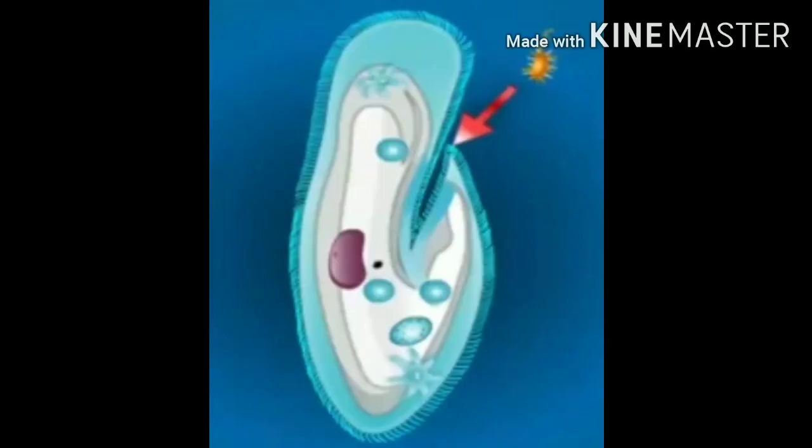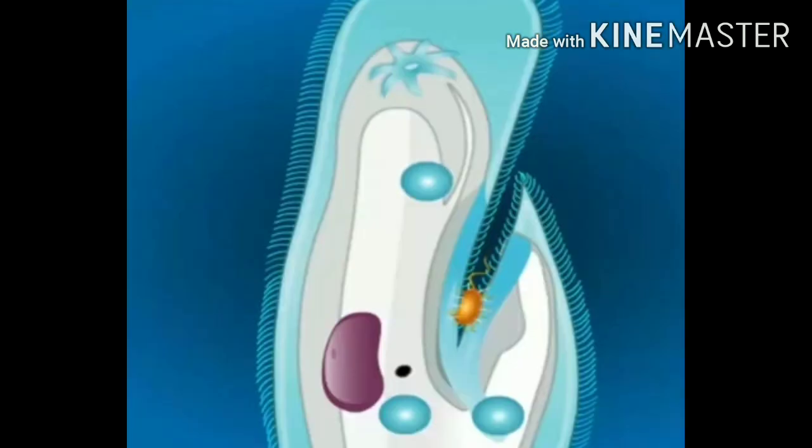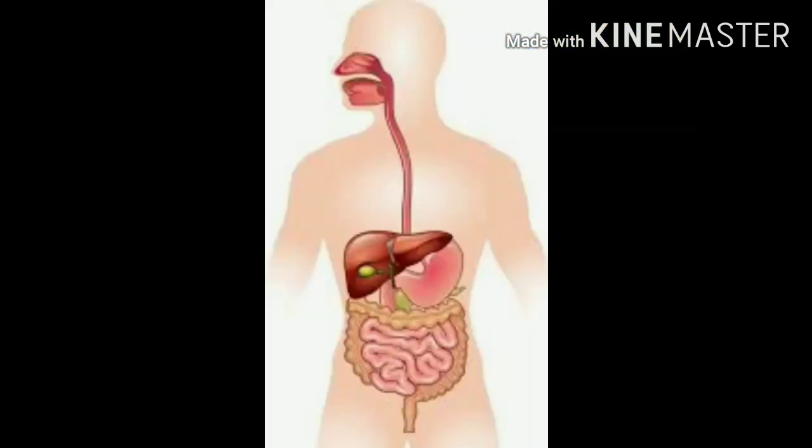In paramecium, a unicellular organism with a specific shape, food is ingested through a small special opening, that is, the cell mouth or cytostome. Food is brought to this opening by the lashing movement of cilia that cover the entire surface of the body. Next, we can study nutrition in human beings.